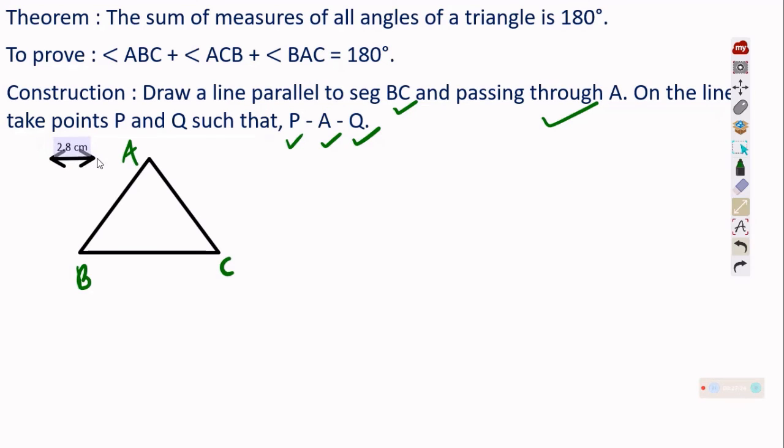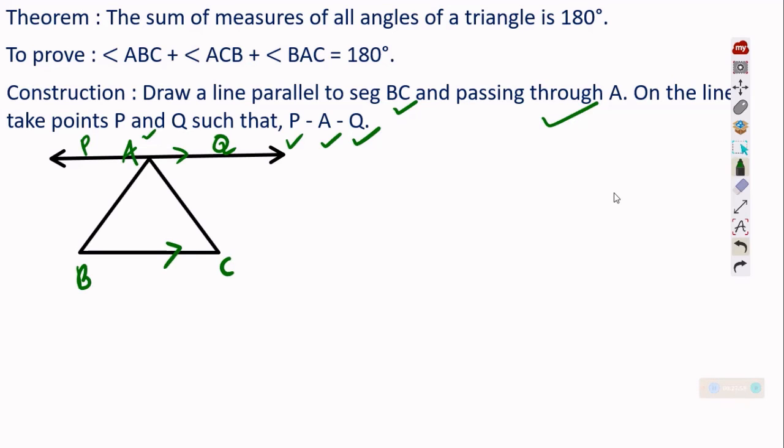Okay. A line is drawn parallel to BC. Further it is saying take points P, A is already there, Q, in such a way that this is parallel to the base BC and PAQ is collinear, correct? That much I could show you.